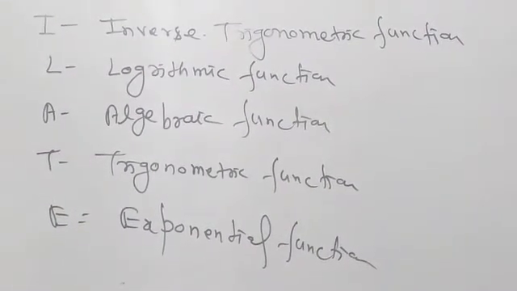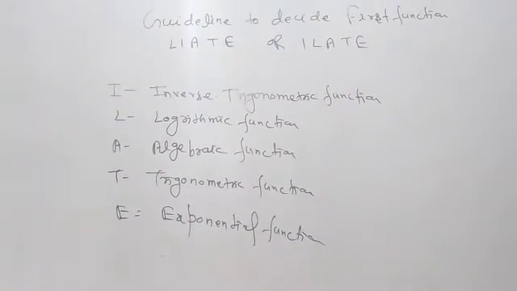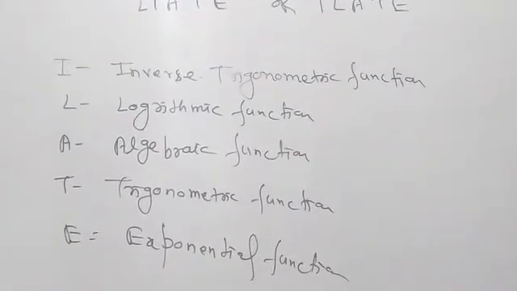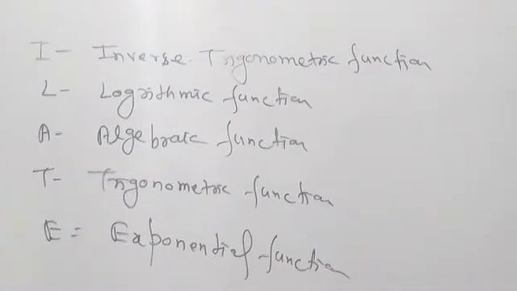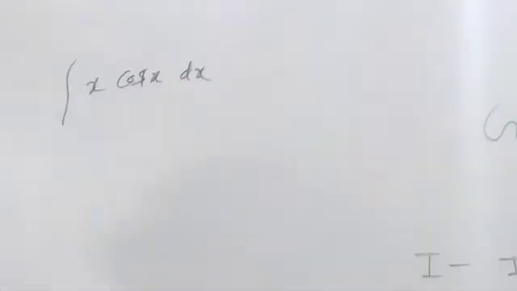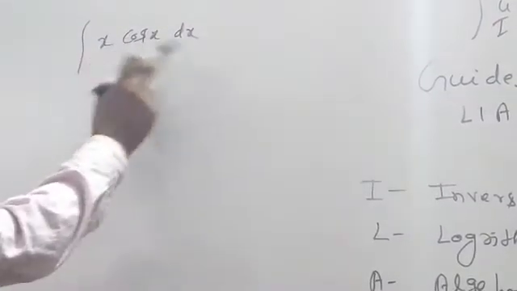Now I am going to give one example based on the method of integration by parts, that depends on integration of u into v. Understood? Then, integration of x into cos x dx. Clear? We know the separate formulas for integration of x and cos x, but this is a product form.